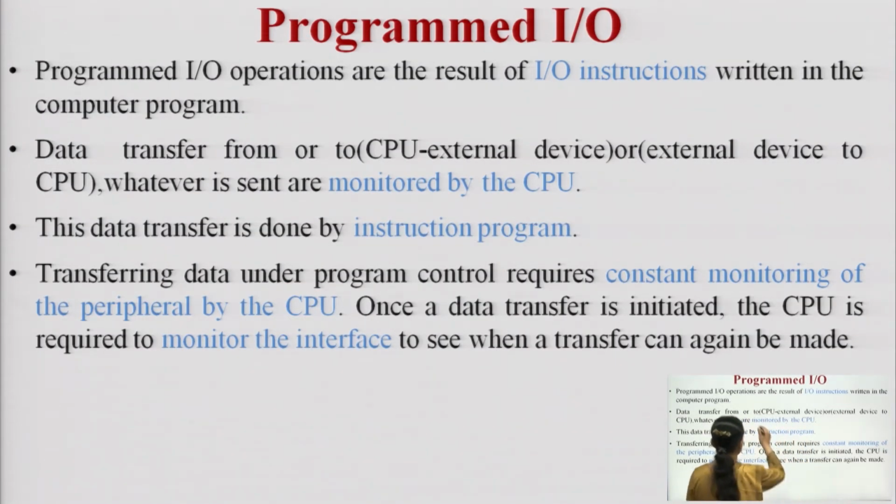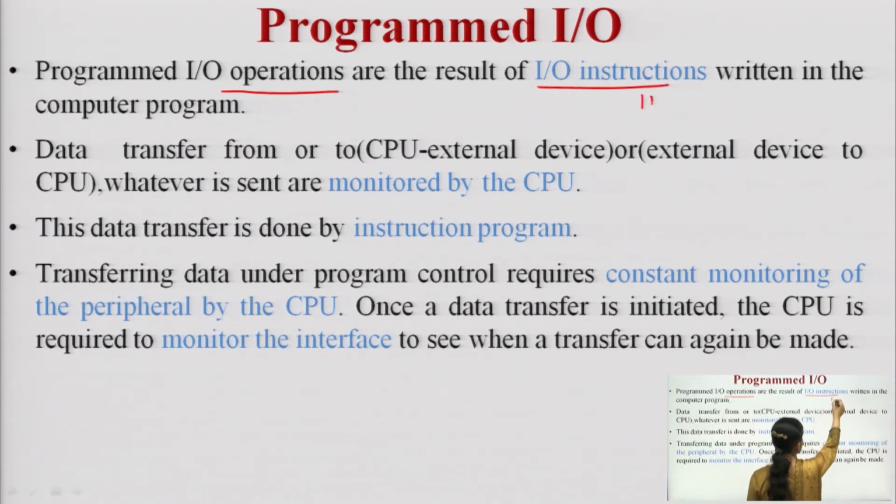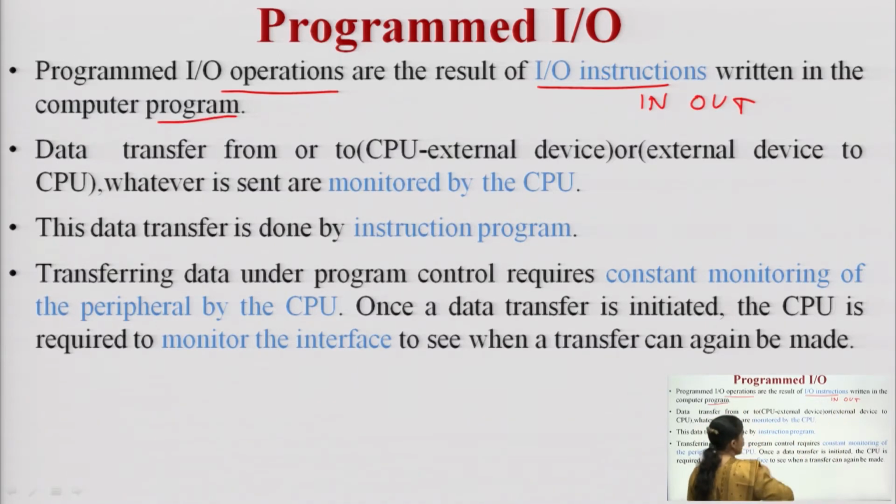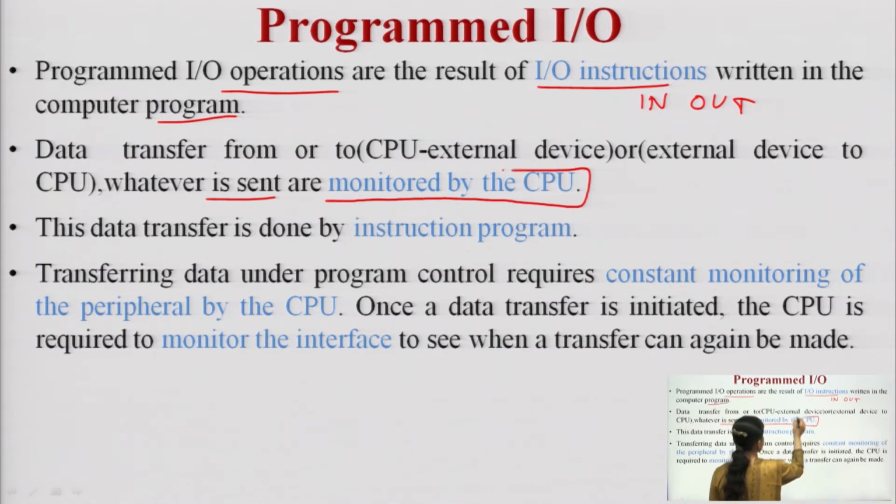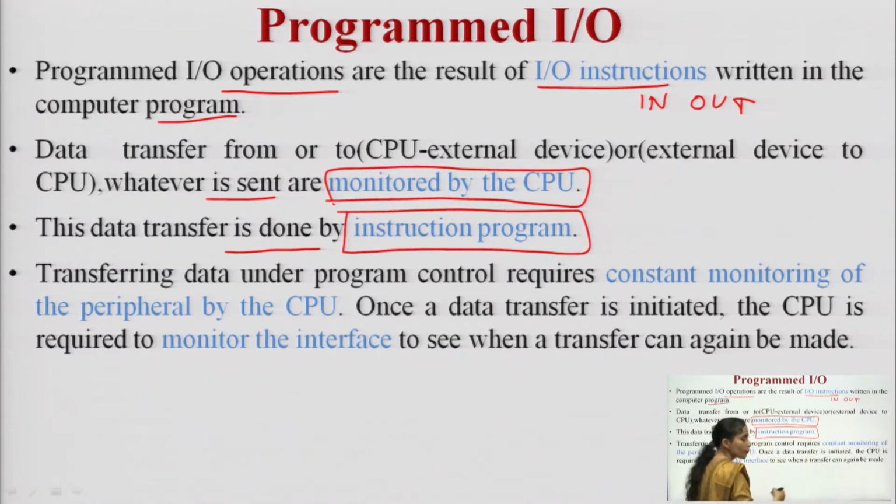Programmed input output operations are the result of IO instructions, like IN and OUT, written in my computer program. The data transfer to or from the CPU through an external device is continuously monitored by the CPU.